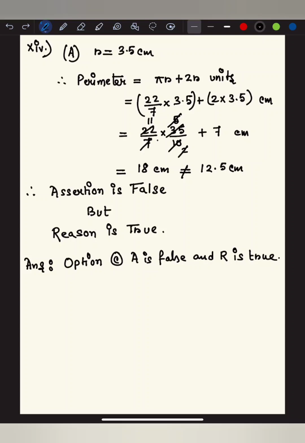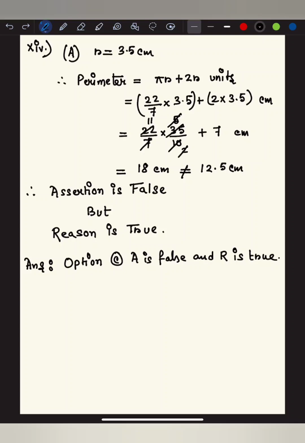So 22 by 7 into 35 by 10, 3.5 I have written as 35 by 10, and then I have simplified it, and it came to be 11 plus 7, that means 18 centimeter, which is not equal to 12.5 centimeter as it was given in the question. So our assertion is wrong. Got it?